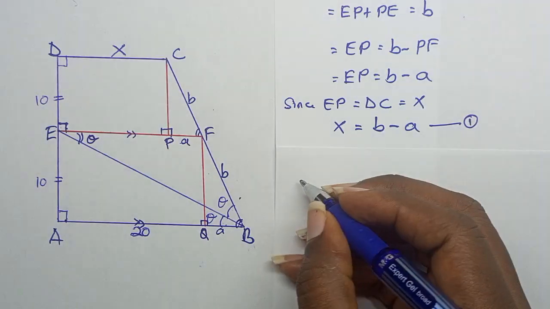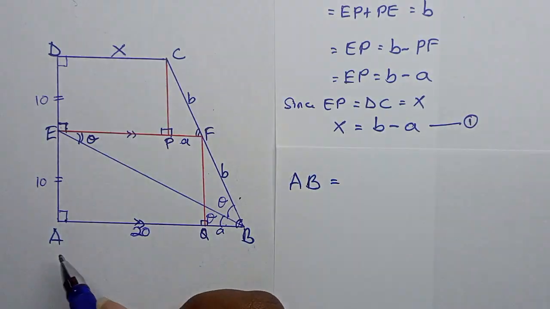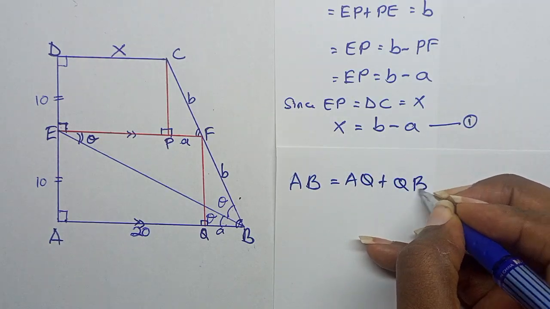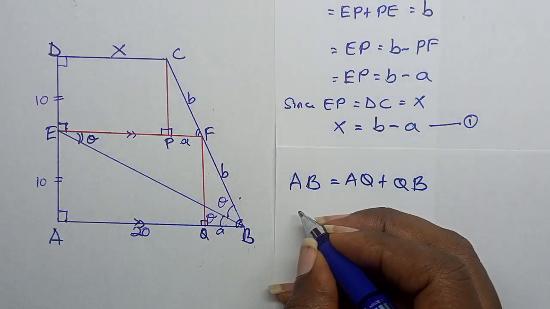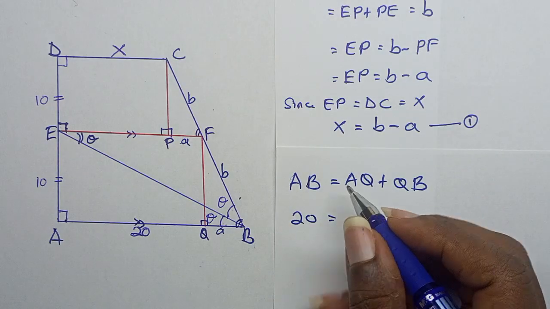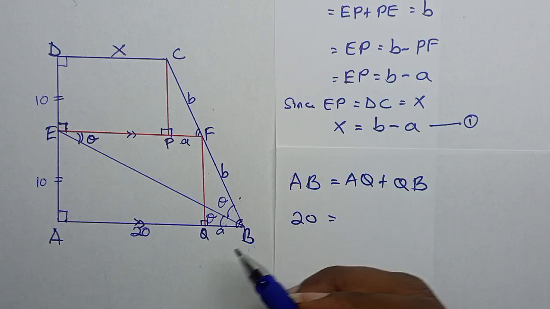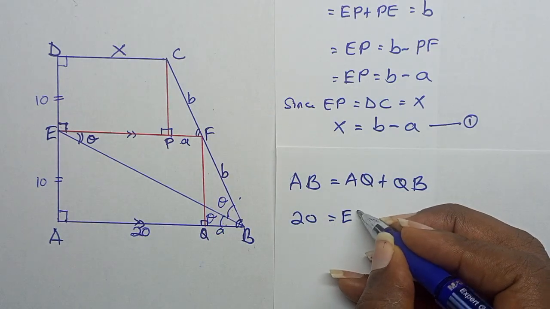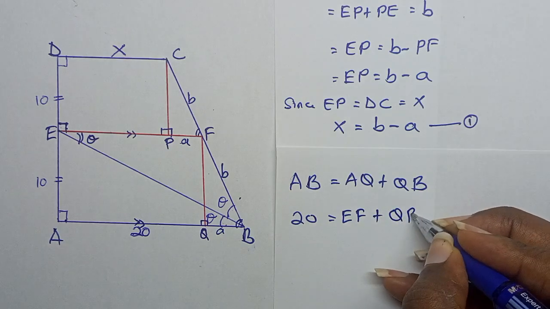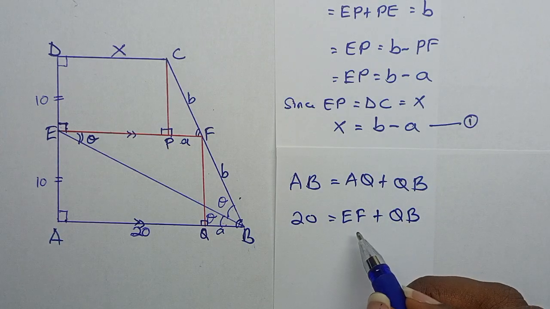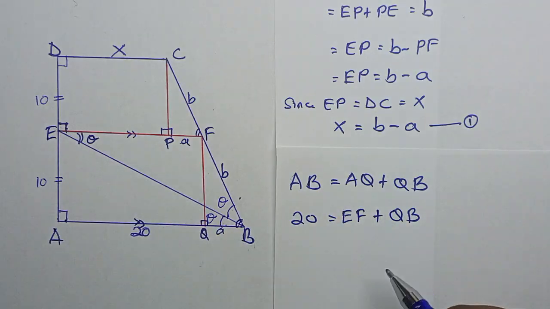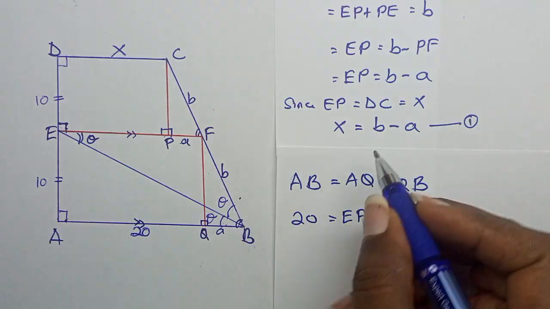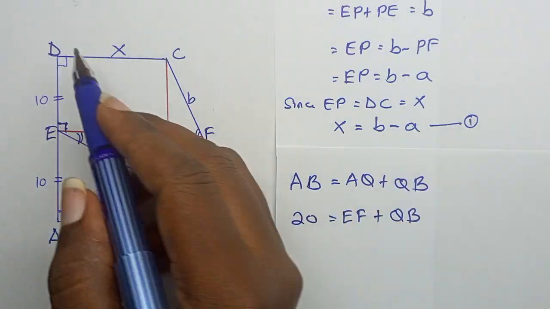Also, this line AB is equal to AQ plus QB. And AB is 20, is equal to AQ, which is the same as EF, plus QB. And remember, EP is X, the same as DC.